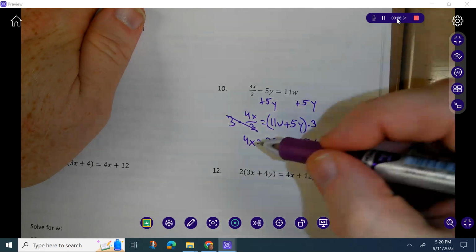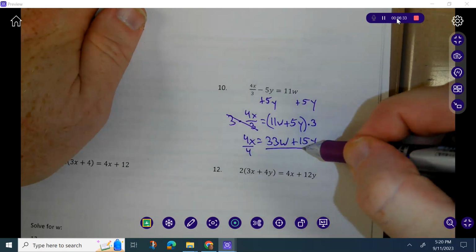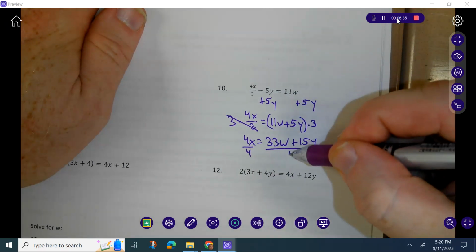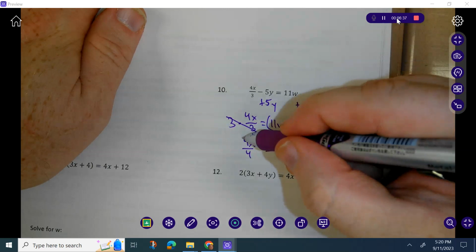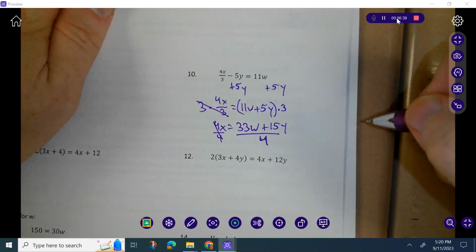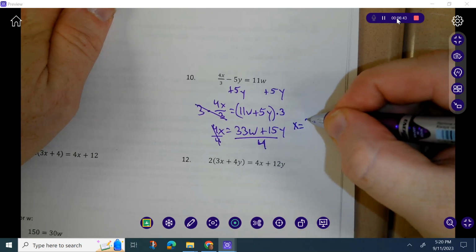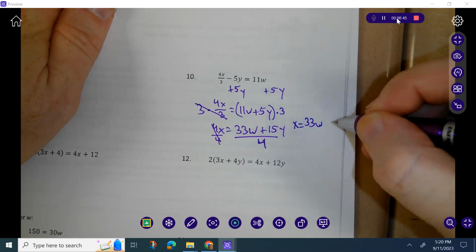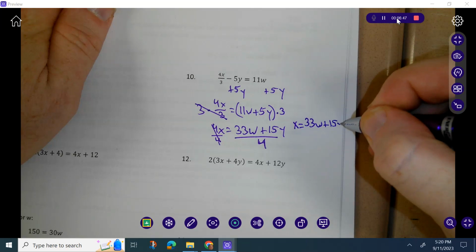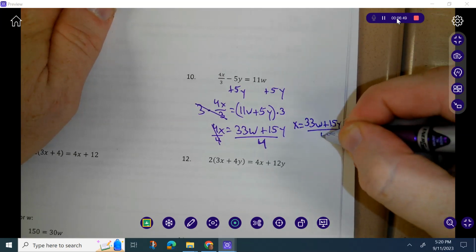Now I'm going to divide everything by 4, and it's the whole side again. So my final answer is, and I've run out of room, let's see if I can squeeze this in here, x equals 33w plus 15y over 4.